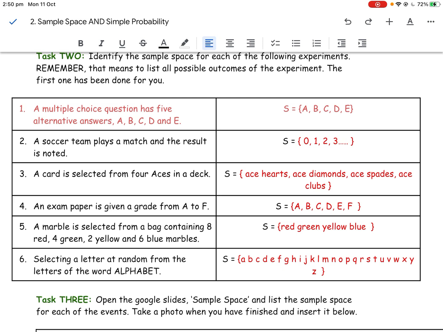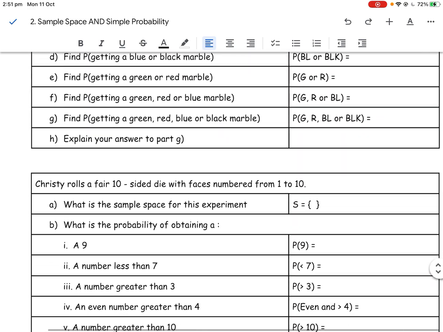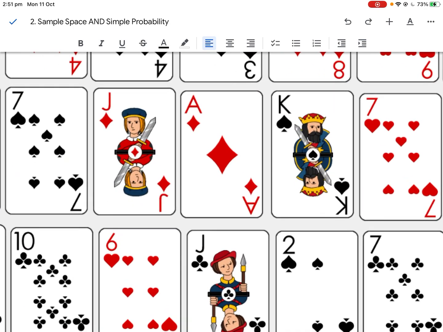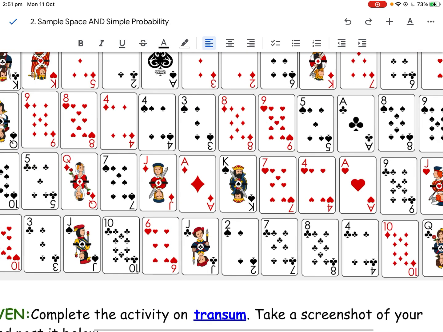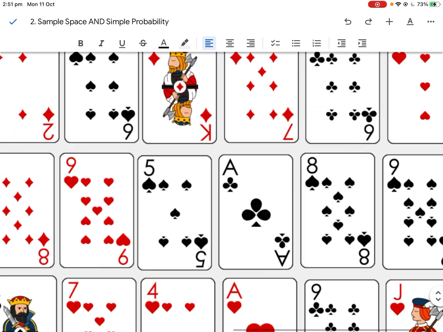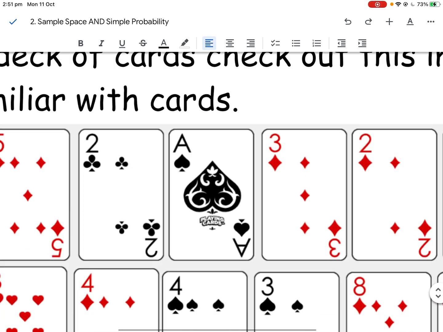A card is selected from 4 aces in a deck. So if you know anything about a deck of cards, if you don't, you could scroll down to the bottom here, and there's actually a picture of a deck of cards. Unfortunately, they're not in order, but there's an ace here. That's an ace of diamonds. There's an ace here, ace of hearts. There's an ace here, ace of clubs, and an ace here, ace of spades.